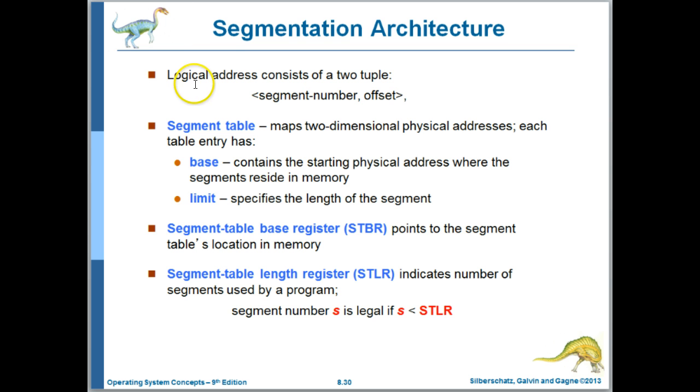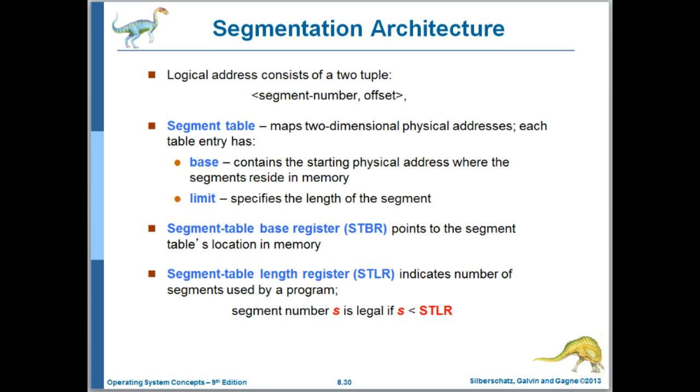So a logical address now, instead of just consisting of an offset, consists of a segment number and an offset. That segment number is used to index a segment table, which contains two values, a base value and a limit value, just as we used with the contiguous allocation method.